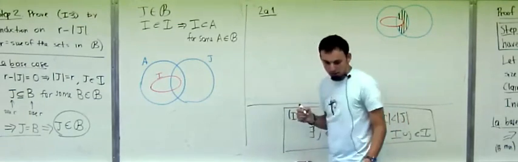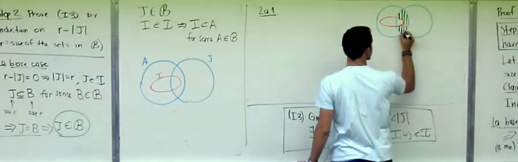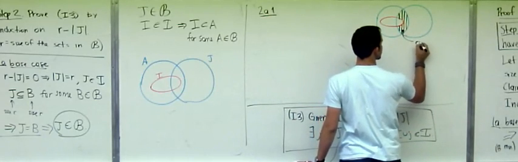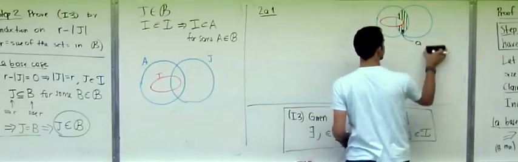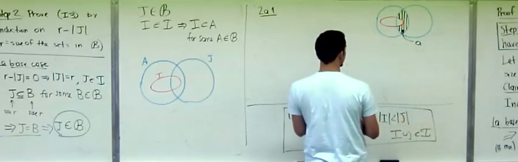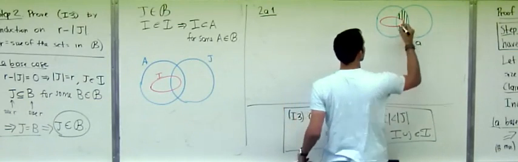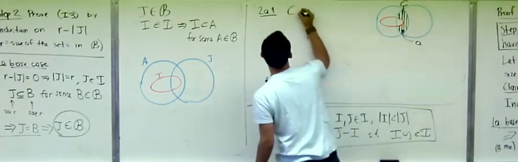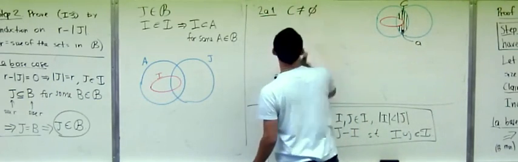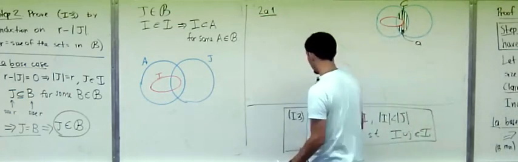And I'm going to assume that there's something in there. So what I'm assuming is that this piece, let me call this C, I'm assuming that C is not empty. I'm not claiming this, I'm assuming it.